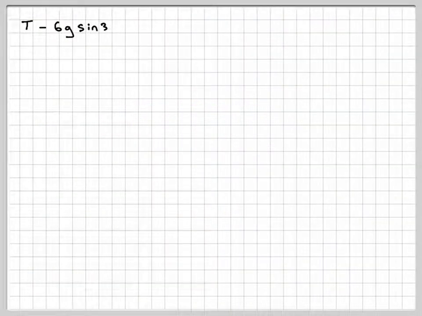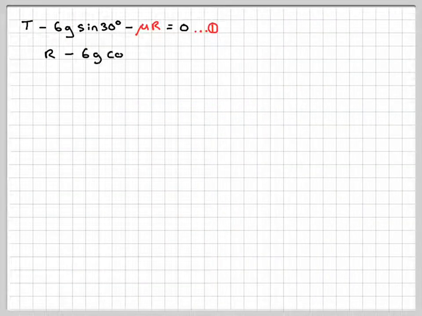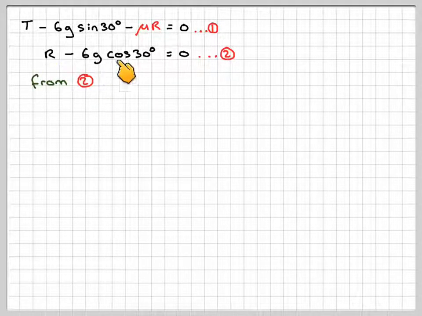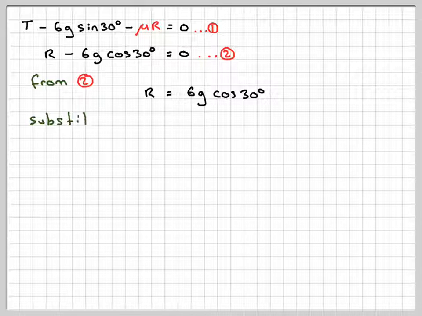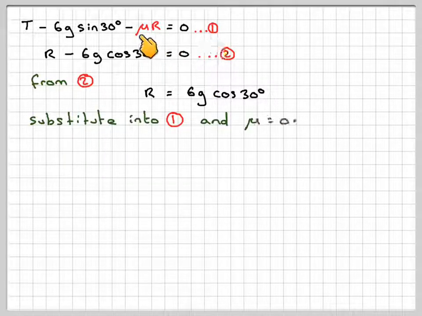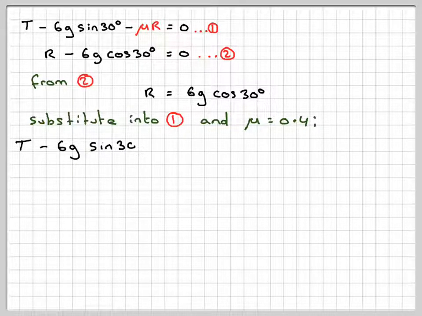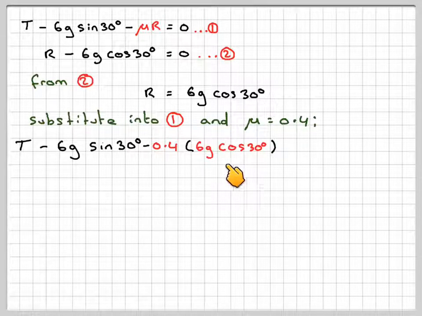So just writing them out again, this is how you resolve them. From 2, R is equal to 6g cos 30, and then you substitute into 1, using the fact that mu is 0.4, the coefficient of friction given in the question. So we have T minus 6g sine 30 minus 0.4 times R, which is 6g cos 30, and that's equal to 0.